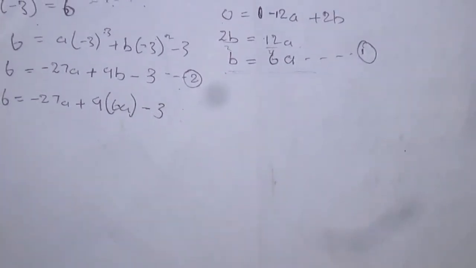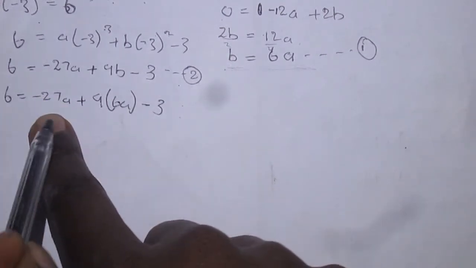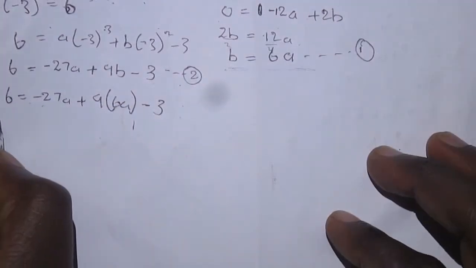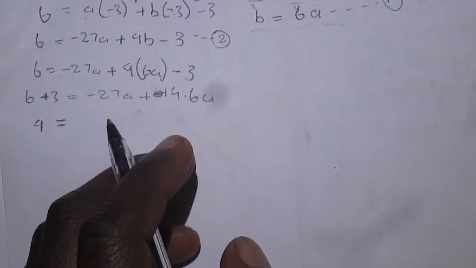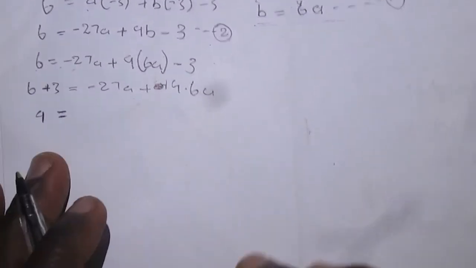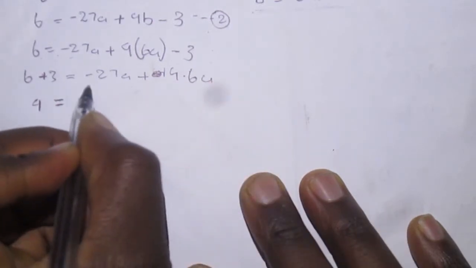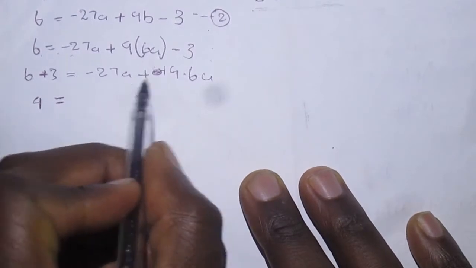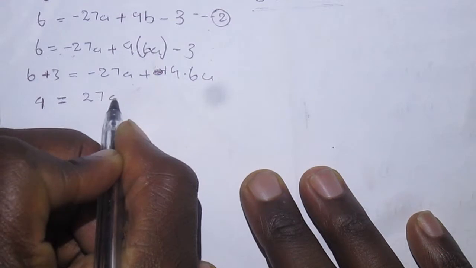I put like terms together: take 3 to the other side, so 6 plus 3 is equal to minus 27a plus 54a. 9 times 6 is 54, so 54 minus 27 leaves me with 27a.